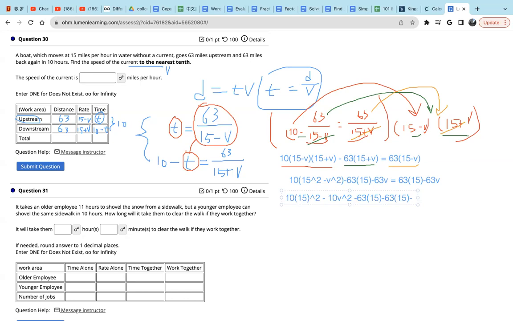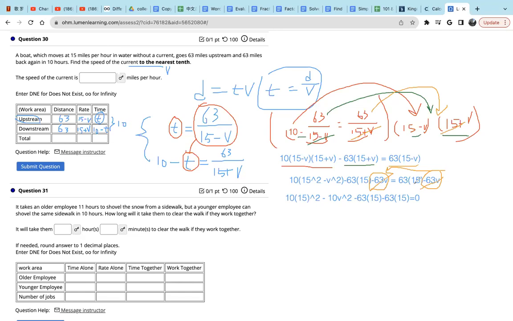Then minus 63V, or no more. Okay, this equals 0. So why didn't I write negative 63V? Because when I move this one to the left-hand side, it becomes positive, and positive and negative become 0. If we have two same terms on both sides, they just cancel each other.